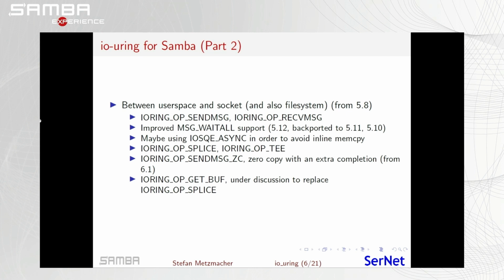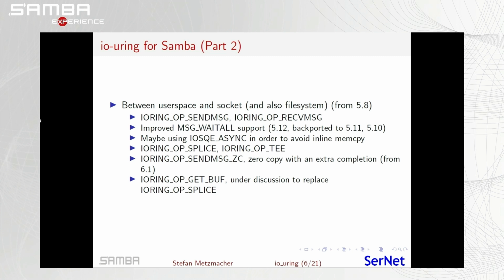And then just recently we got a sendmsg zero copy function, which gets two completions: one when the logical sendmsg operation is ready, and another one when the network stack no longer needs the user pages and data buffers.